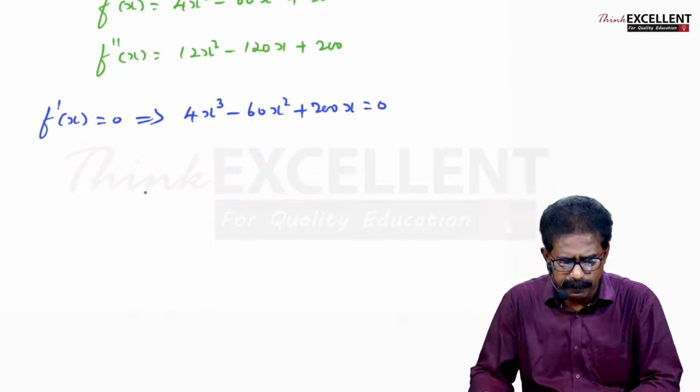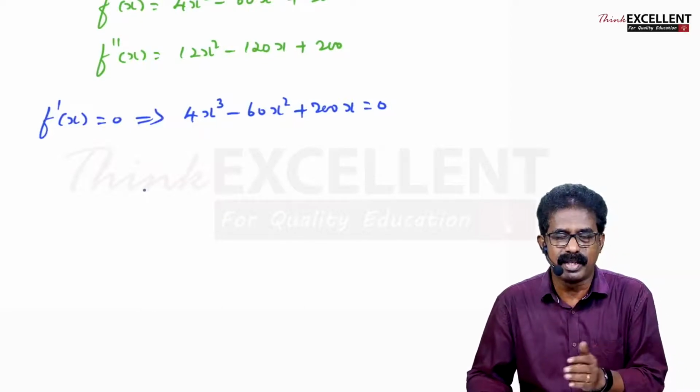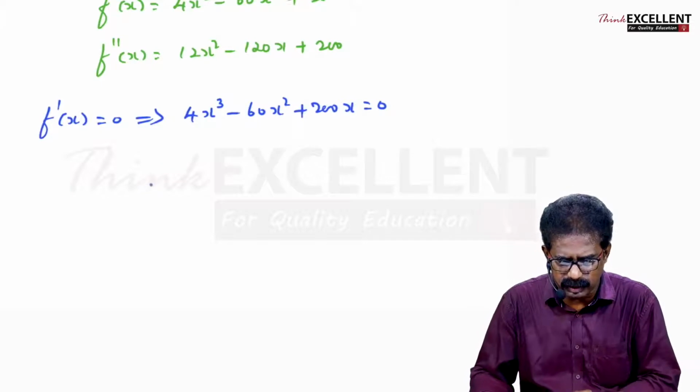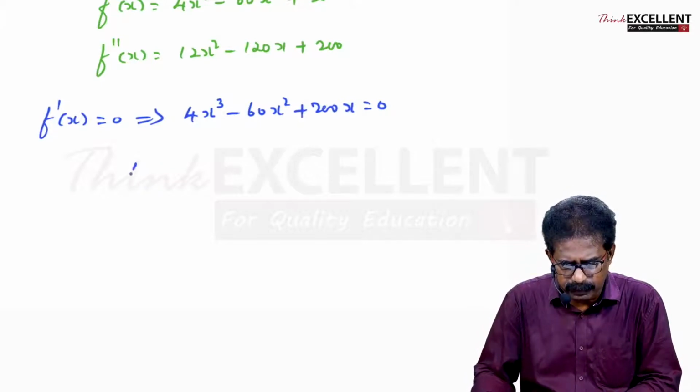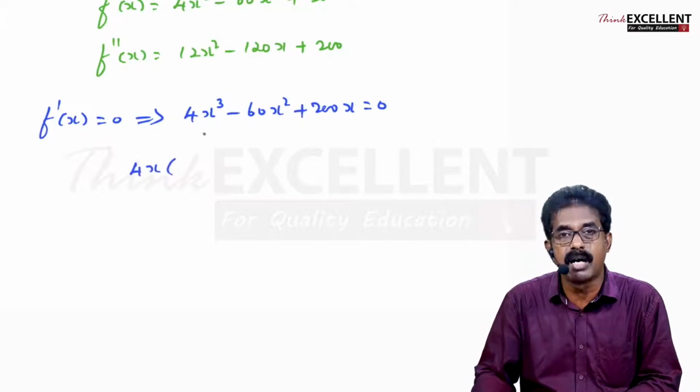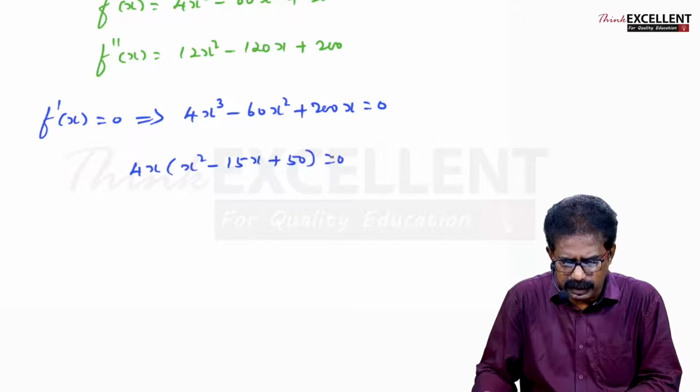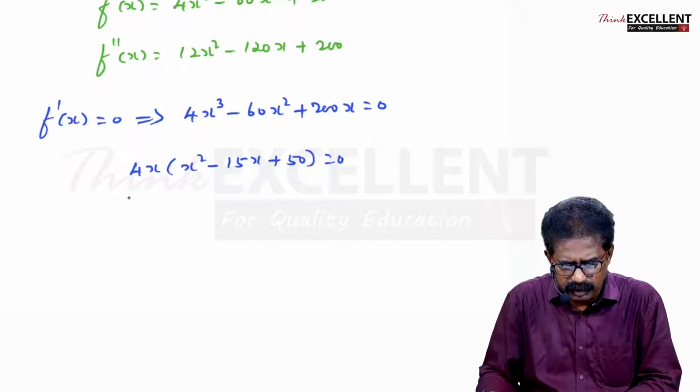If you want, you can divide. Don't divide x. If you divide x, you'll be losing 1 point, right? So x equals 0 is one of the solution. So I'm taking 4x outside. If I take 4x common, you will get x square minus 15x plus 50 is equal to 0. There are two possibilities. Either 4x equal to 0, or you do one thing, you can factorize it.